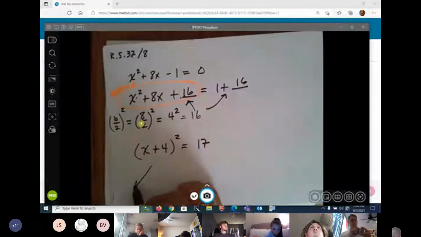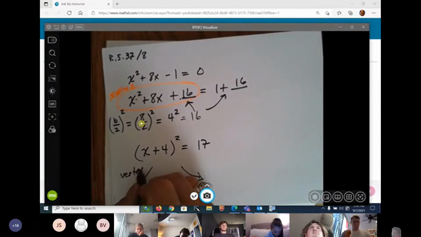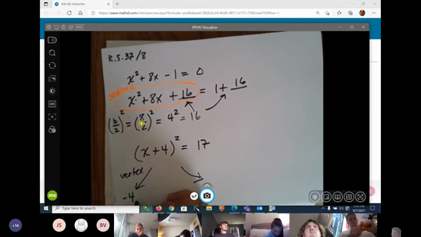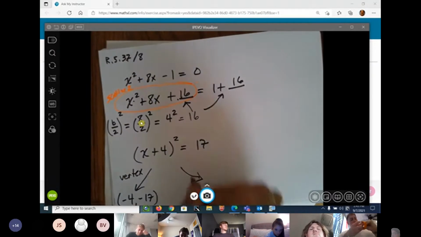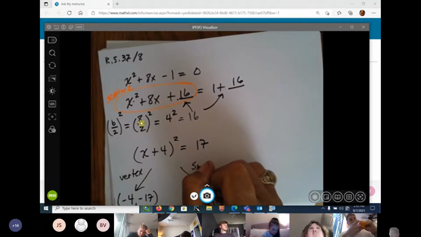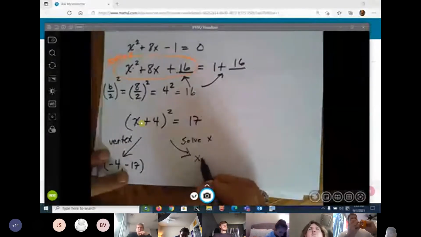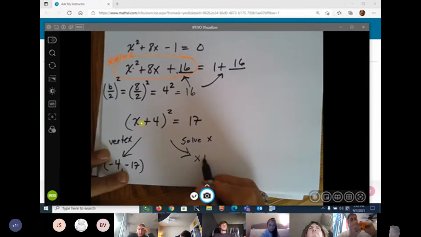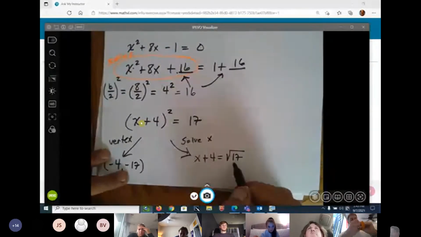At this point, you have the vertex. The vertex is equal to -4 and -17. Solve for x. So that's going to be x plus 4 is equal to the square root of 17. And that's what, 4.1?